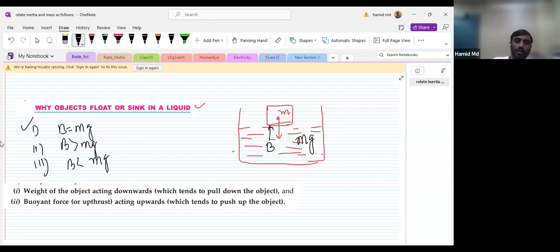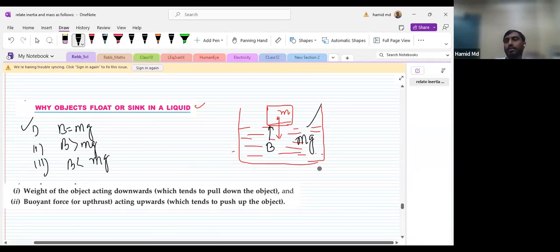Okay. So here it says that the weight of the object acts downward, which tends to pull the object downward, that is gravity. This is responsible for the object to float or sink. And another is the buoyant force acting upward, which tends to push the object upward. So these are two forces responsible for buoyancy.